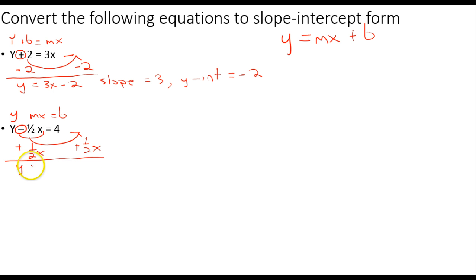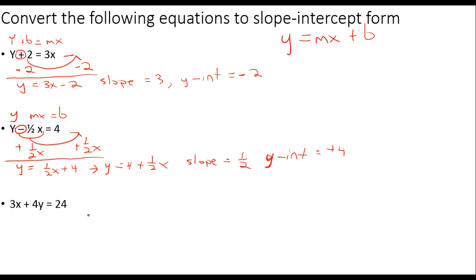It simplifies to y equals 1/2 x plus 4, or if you like to keep things in the same order they were in, you could also have done y equals 4 plus 1/2 x. Either way, my slope is 1/2, 1 over 2, 1 divided by 2. My y-intercept is positive 4, 4 above 0.